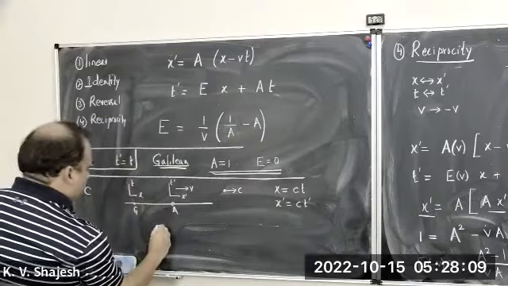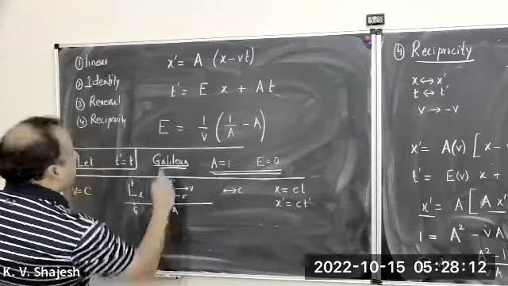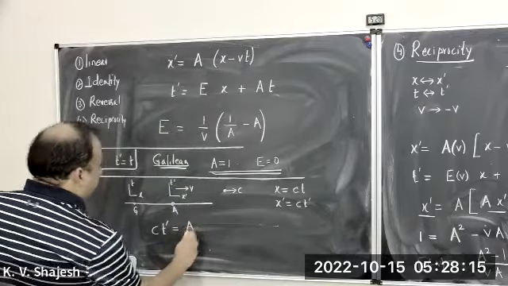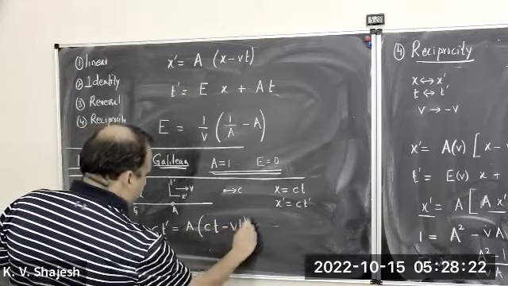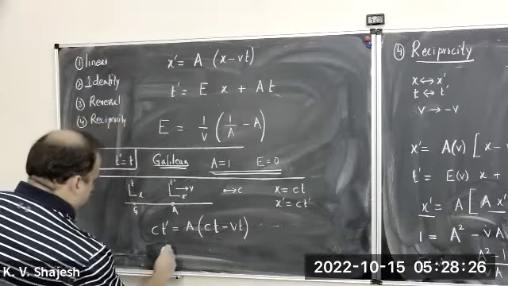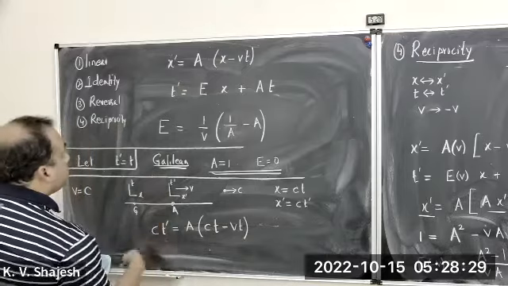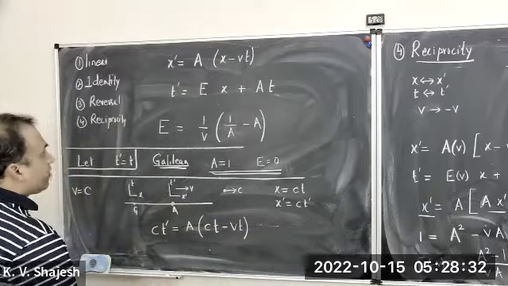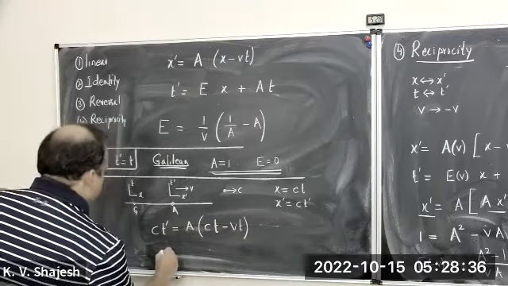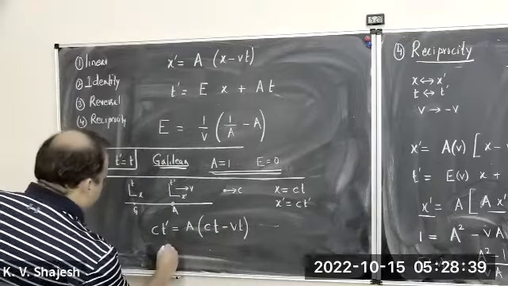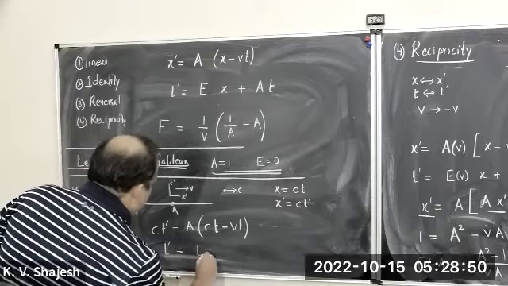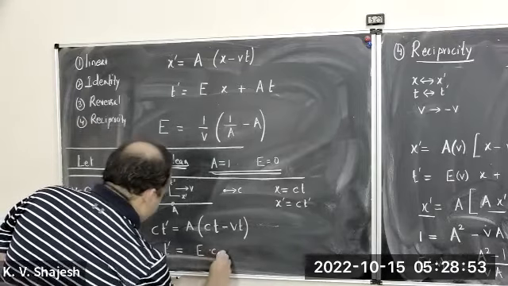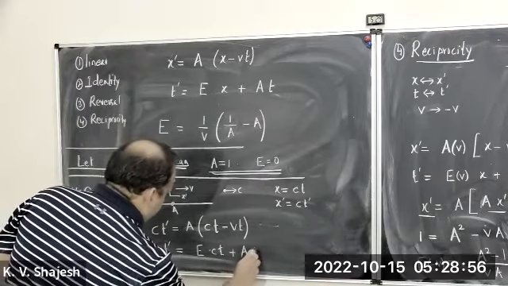So x prime is equal to c times t prime, and that's equal to a times x, which is ct minus vt, and t prime is e times x, where x is ct plus a times t. I'm just replacing all my x's, that's all I'm doing.